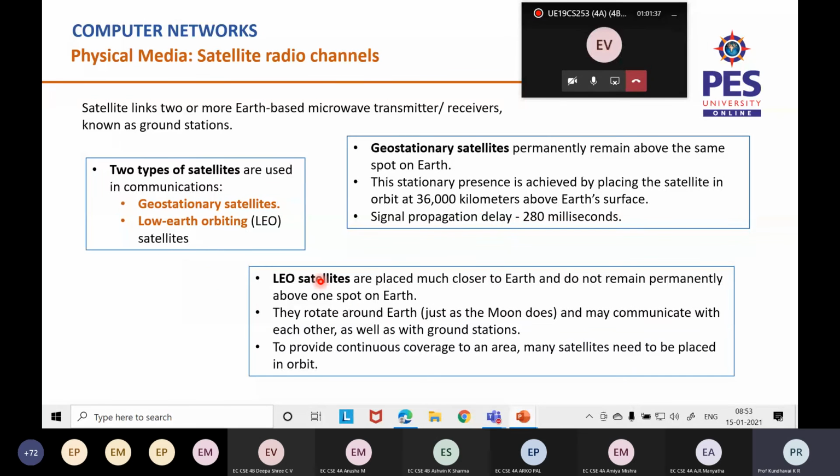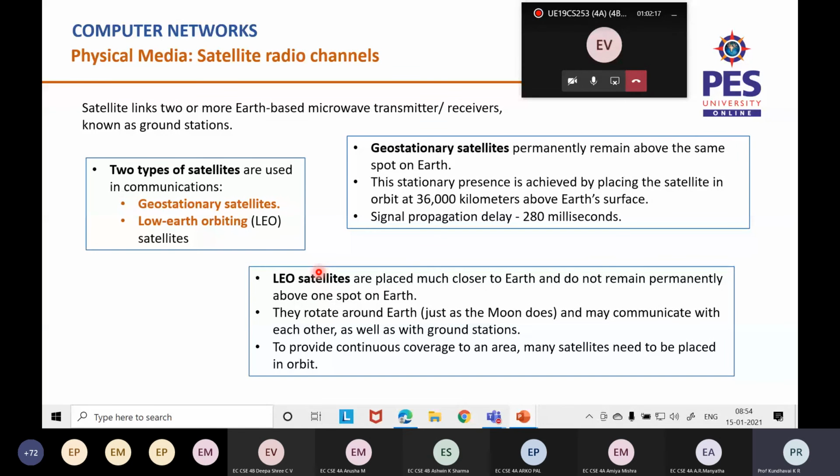Then come LEO satellites, low Earth orbit satellites. As the name says, they are placed much closer to the Earth and do not remain permanently above one spot on the Earth like a geostationary satellite. They rotate around the Earth just like how the moon does, and they may communicate with each other as well as with the ground stations.